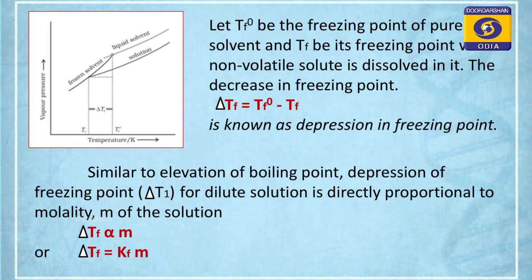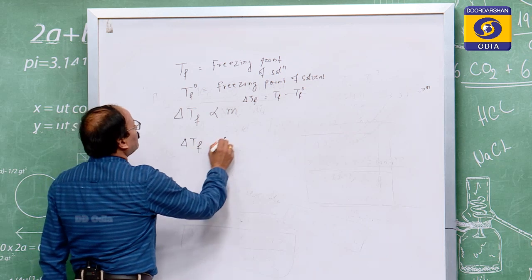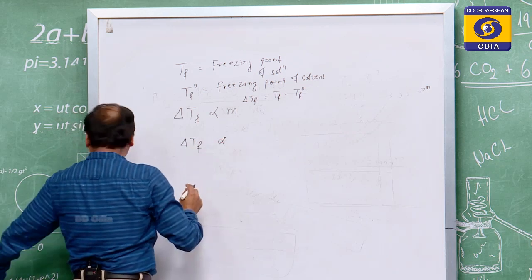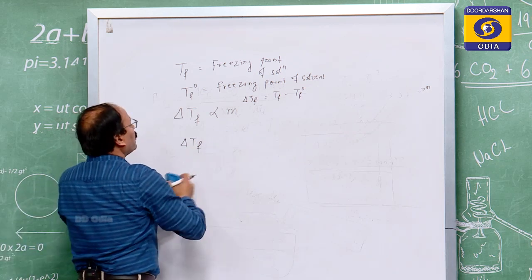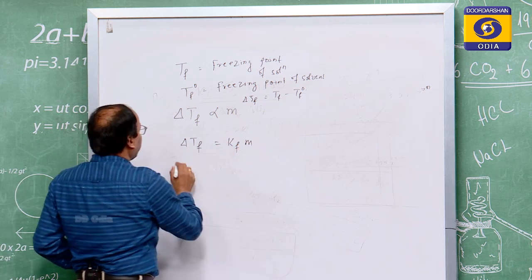Delta Tf, like vapor pressure lowering and elevation in boiling point, is directly proportional to the molality of the solution. That is, delta Tf is directly proportional to the molality, which will be equal to Kf into m. What is Kf?